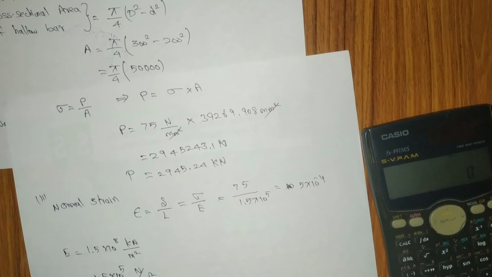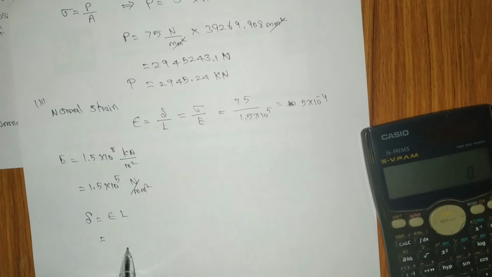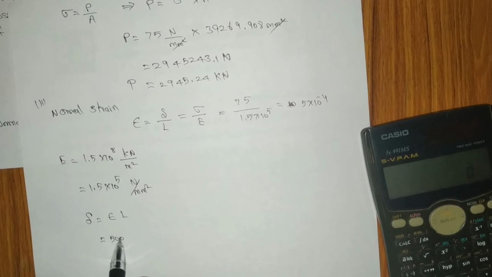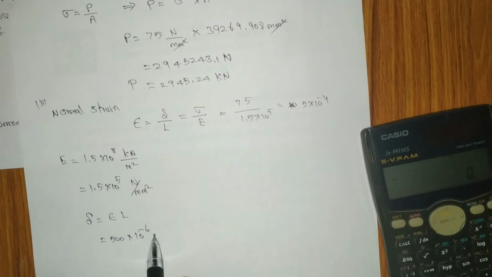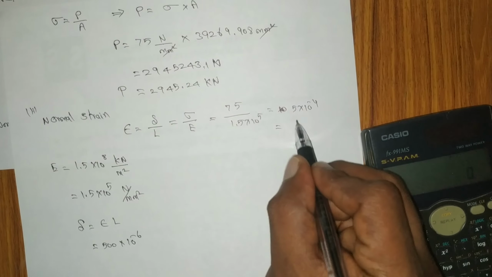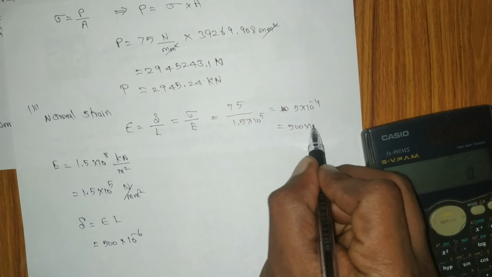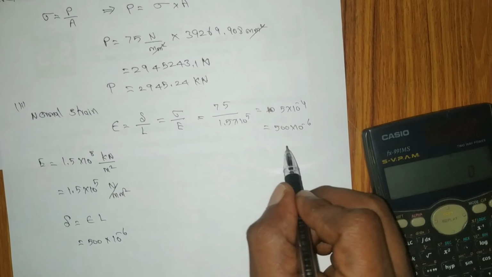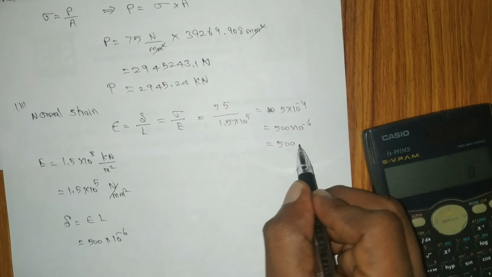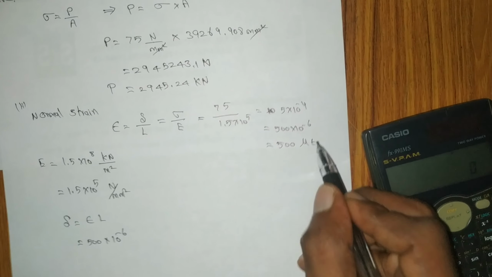So the deflection, the change in length, will be 500 into 10 to the power of minus 6. We rearrange this as 500 into 10 to the power minus 6, which I will call 500 micro strain.